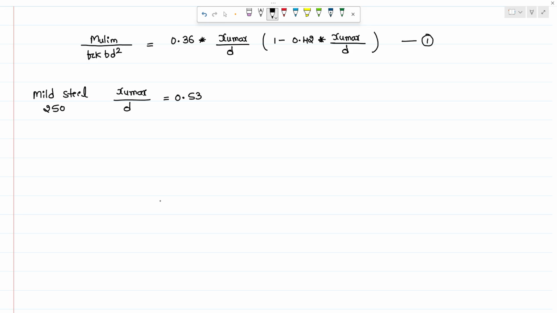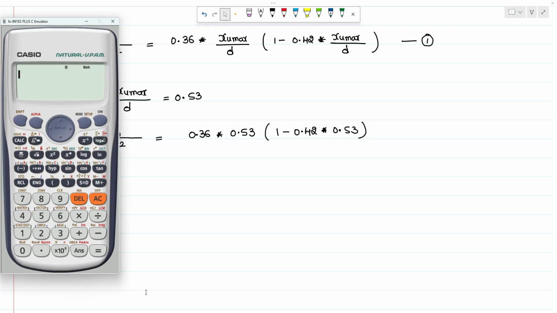So equation 1 can be written as Mu limit divided by fck bd square equals 0.36 multiplied by 0.53 multiplied by 1 minus 0.42 again multiplied by 0.53. Okay, so let me solve this.